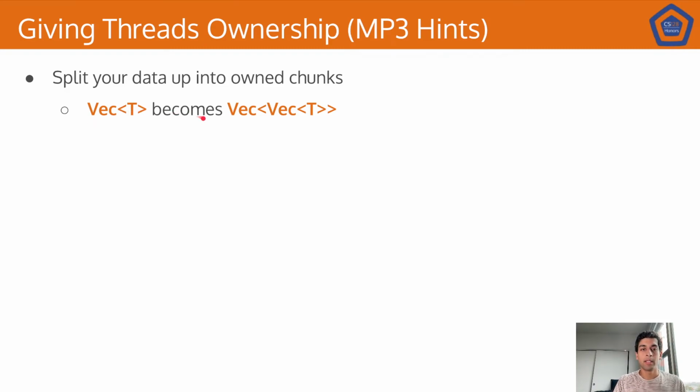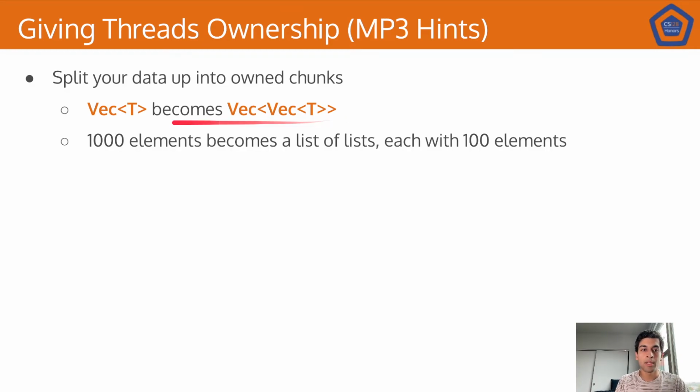If you have 1,000 elements in your original vector, you're going to create, say, 10 threads, and you're going to give each thread a copy of your data. So one thread gets one of your subvectors, each with 100 elements. So 1,000 elements get split into 10 vectors because 10 threads, 10 vectors of 100 elements.